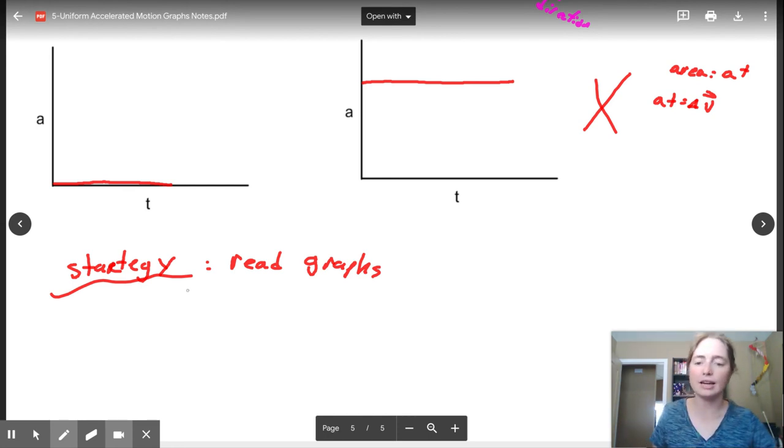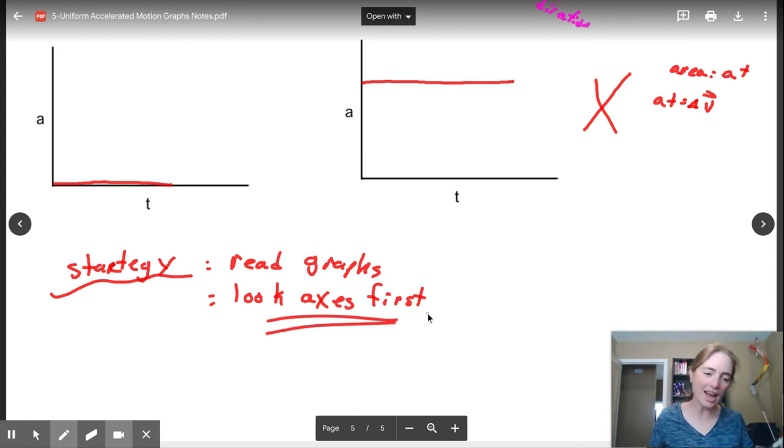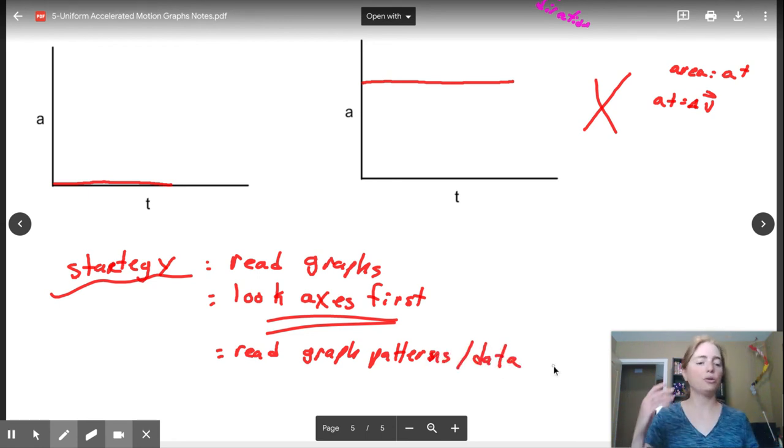Look at those axes first, and use that info to help you interpret your graph. Read the graph patterns and read that data.